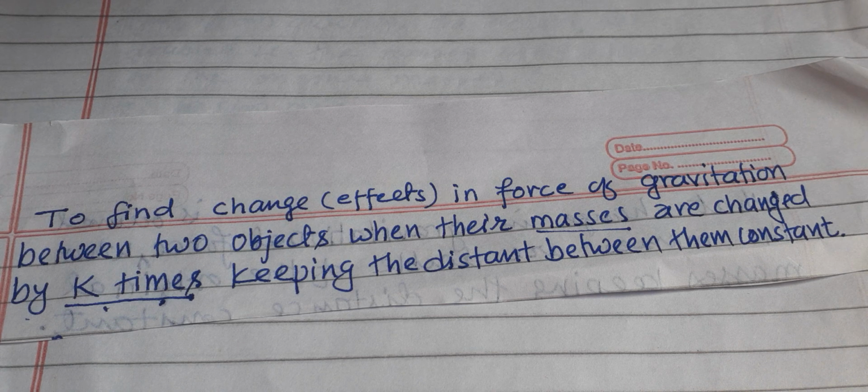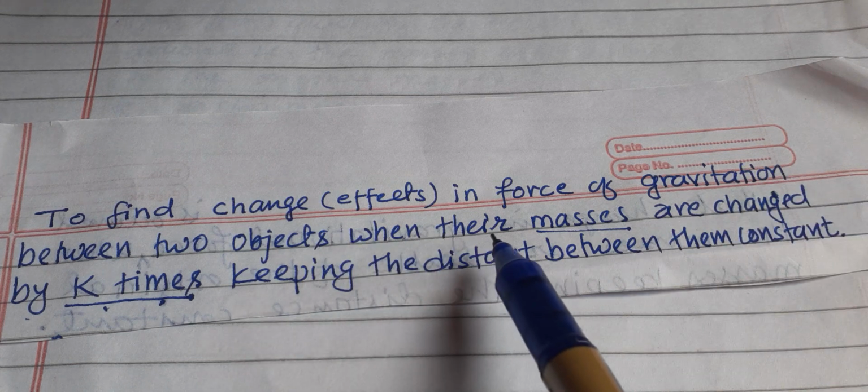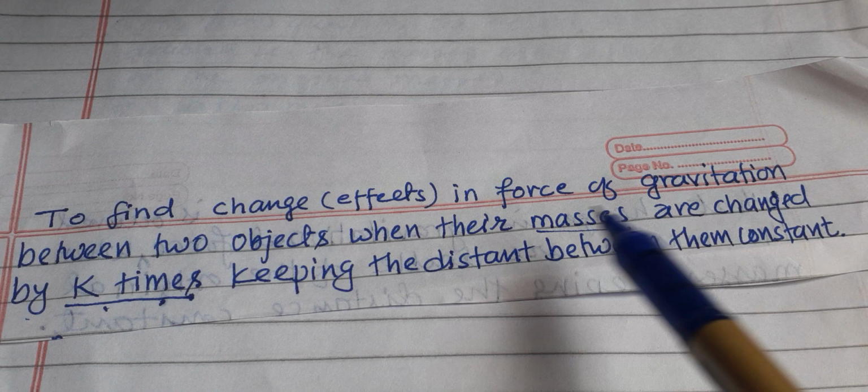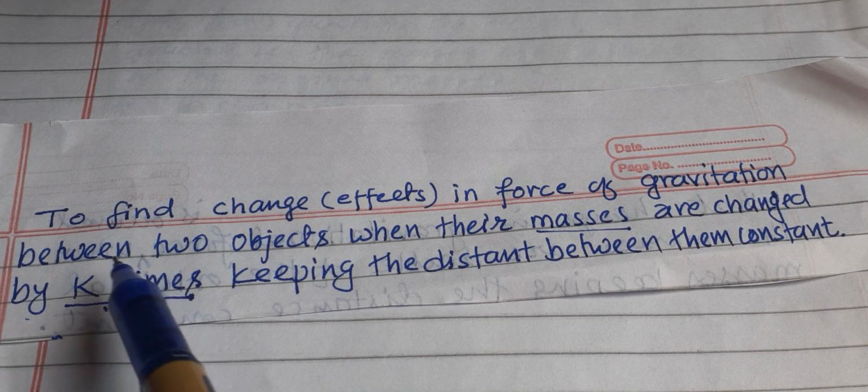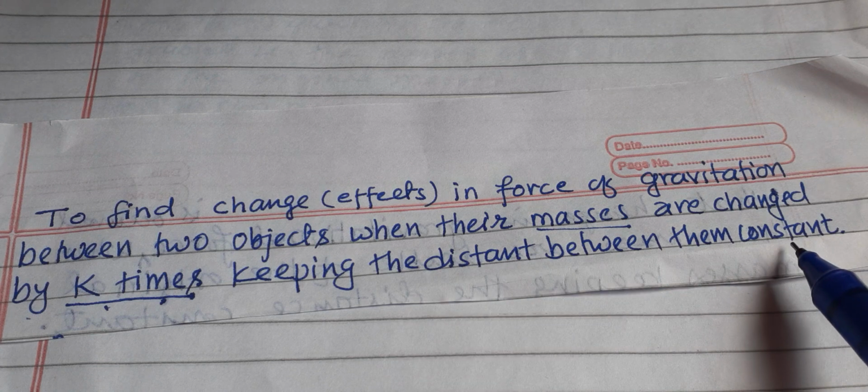There is an inverse relation between the force of gravitation and the distance, but there is a direct relation between the force of gravitation and the product of masses. So we discuss here what change occurred in the force of gravitation when the masses of the objects are changed k times, keeping the distance constant.